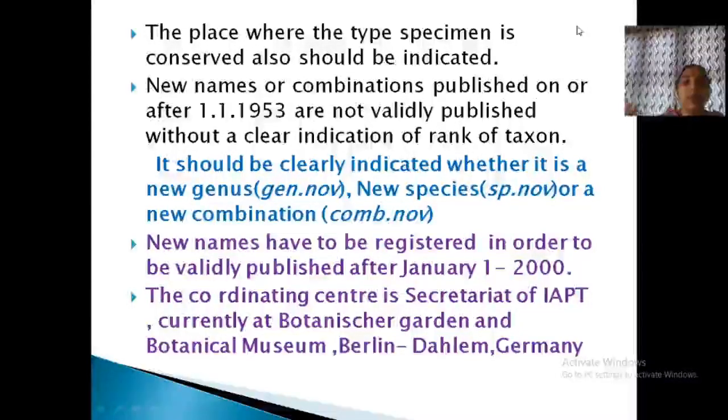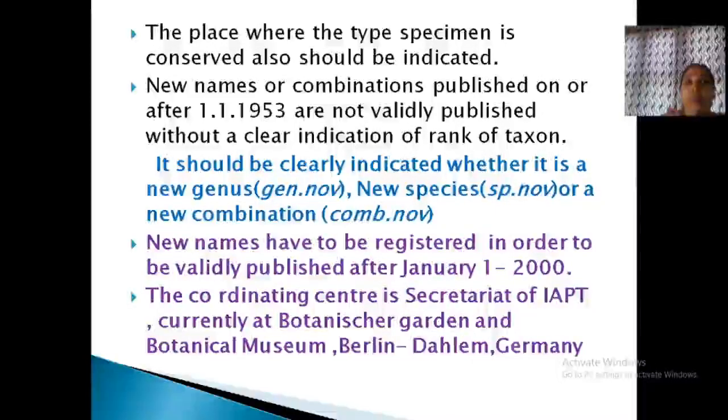So, when somebody from all over the world looks at your taxon, if they want any clarification, they can contact the college herbarium and check it out. So, we usually have to check the herbaria deposited in all the major herbaria before confirming a new species. So, that is very, very important.